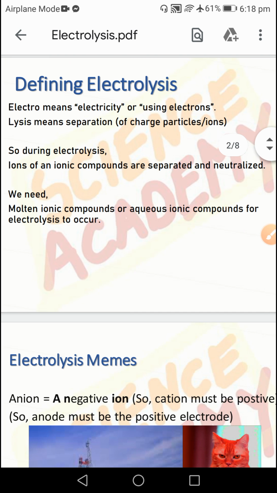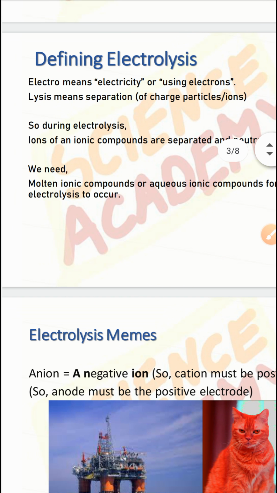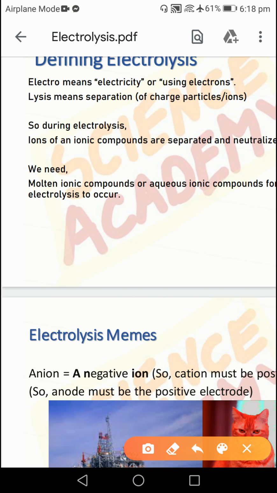In the liquid state, there can be two types: the molten state or the aqueous state. What is the meaning of molten state?